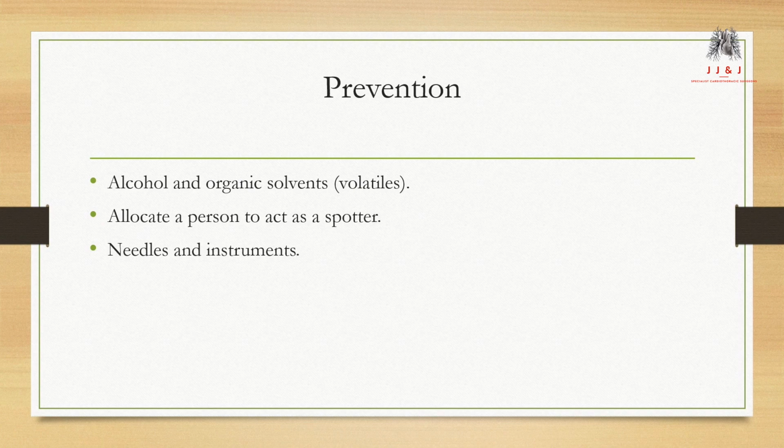So now what do you do to prevent these events from occurring? You must make sure that alcohol or organic solvents don't come into contact with the tubing. I'm going to go back to when I was a student training for perfusion.